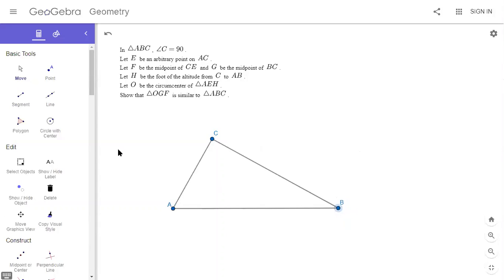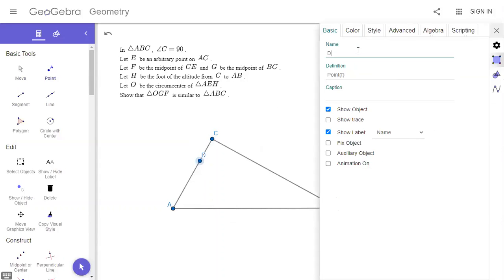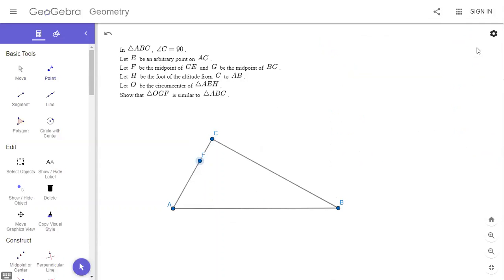Okay, so angle C is 90. E is an arbitrary point on AC. F is the midpoint of CE.